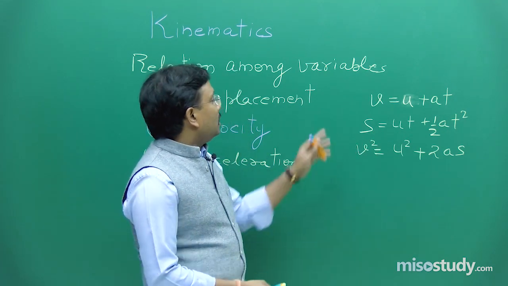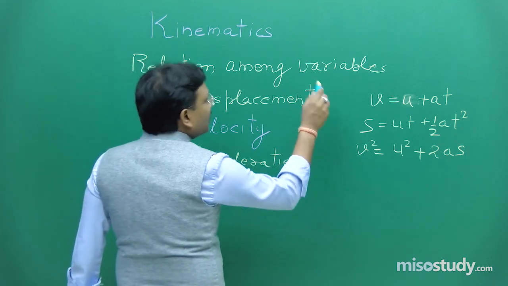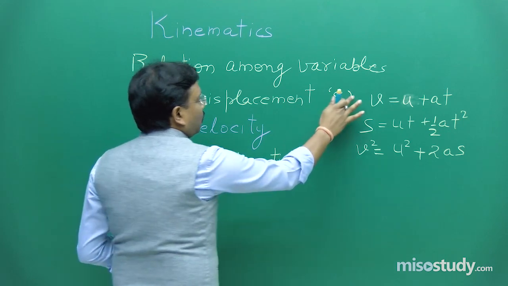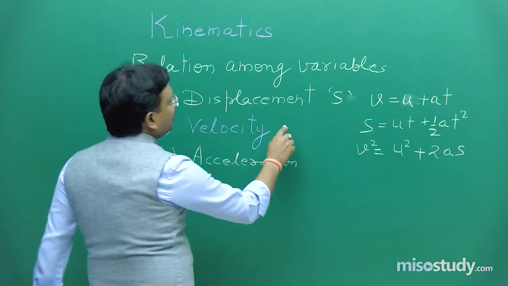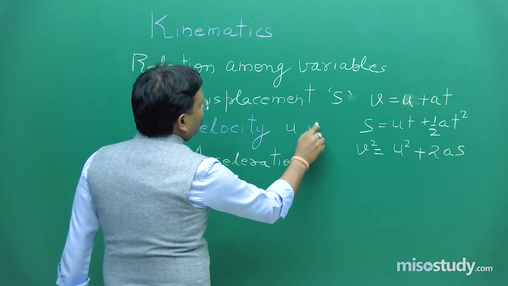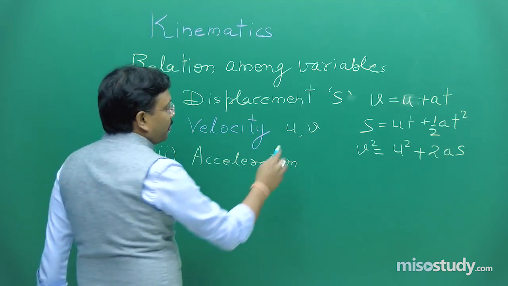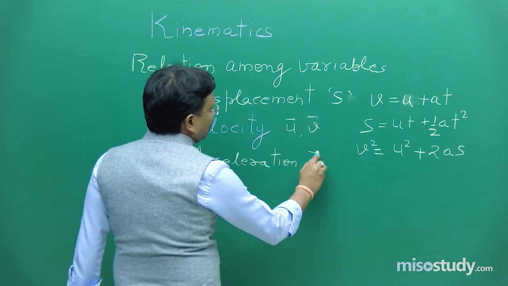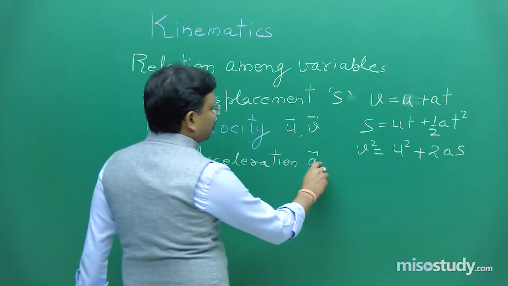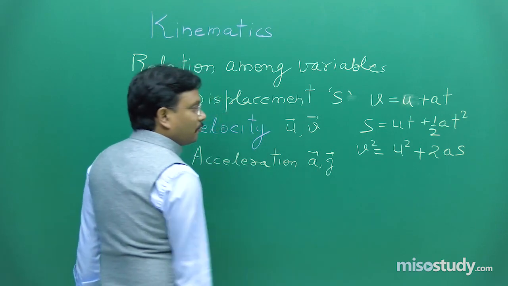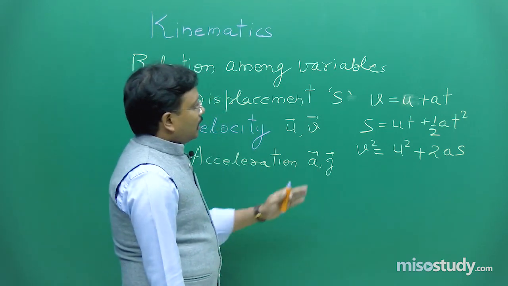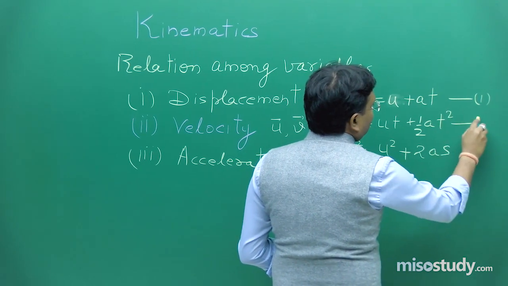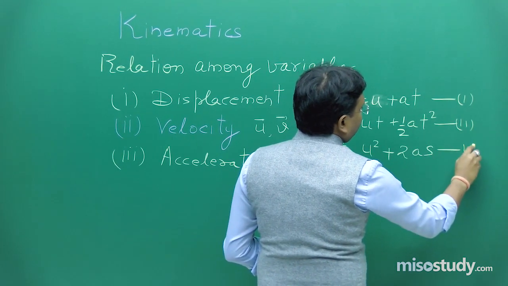So all in all, this is displacement, which is in general represented as s, and it is a vector quantity. Then you have velocity, so u or v is the general way of representing velocity. And then acceleration, a, or acceleration due to gravity, g. Now let me number these 1, 2 and 3.